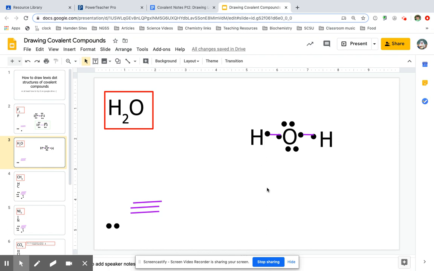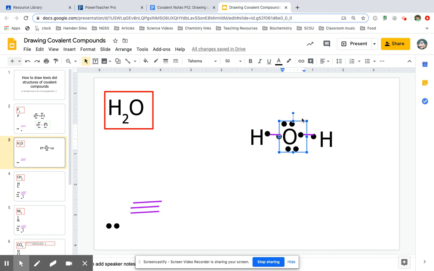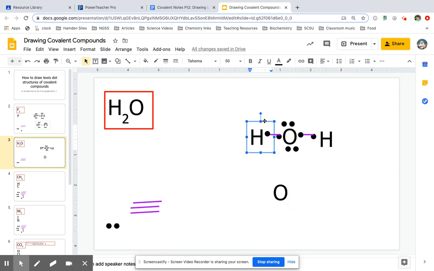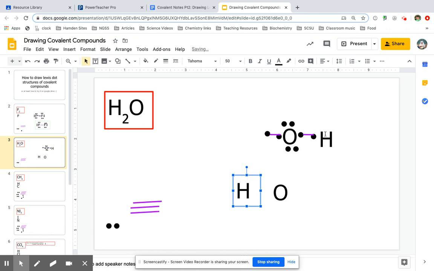If I were to make my oxygen the way it was before, I can show my oxygen here, my hydrogen here, my hydrogen here, my 2 pairs of valence electrons there on oxygen. These are the non-bonding pairs, the unshared pairs.